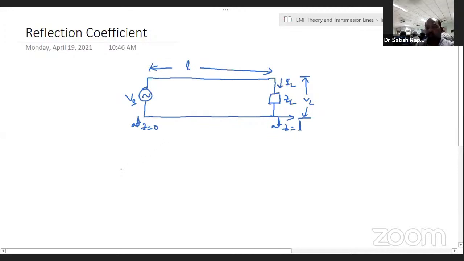So now when power is applied, let me define what is reflection coefficient.